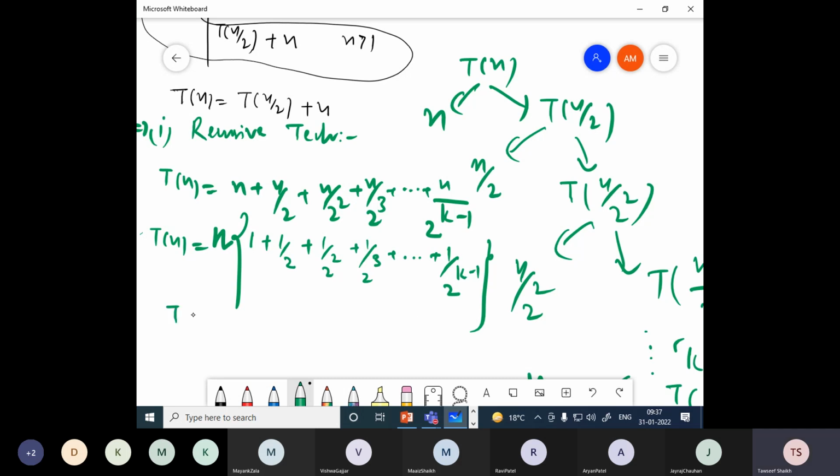So this will again be equal to T of n equal to n. I can write it like this also.